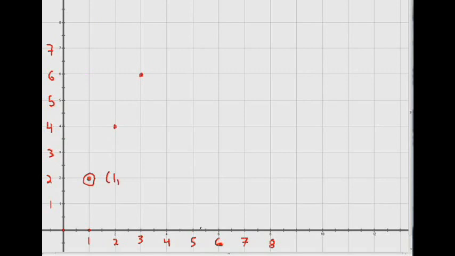So our x value is 1, and y is 2. So our ordered pair is 1, 2. Our next dot there, we can see x is 2 and y is 4. And finally, our third point there, we have x is 3 and y is 6.